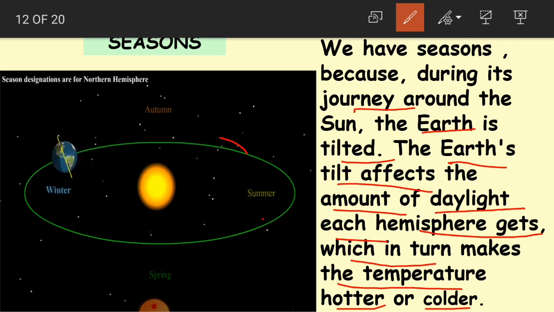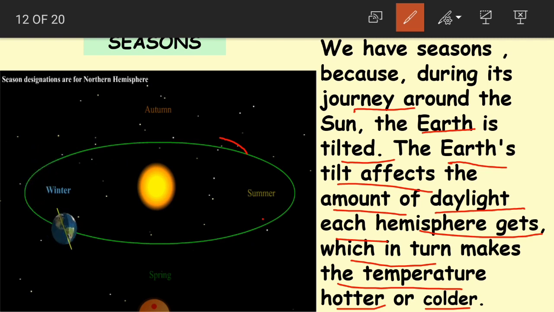The amount of light from the sun, that is the daylight in the day, how much light the earth is getting from the sun on each hemisphere, that is going to decide the temperature, whether it may be hot or cold.